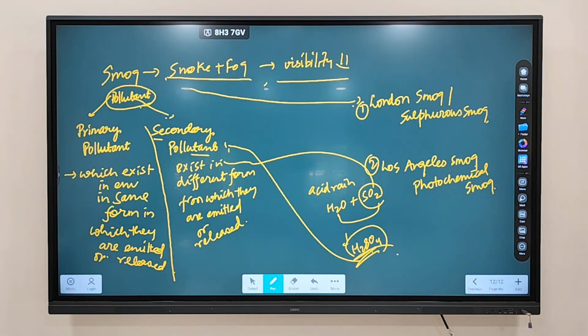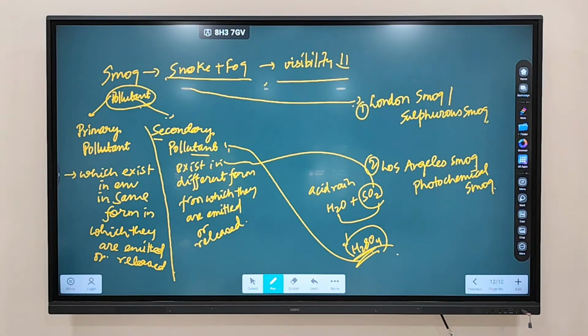Fine. Any doubt regarding this particular part? So what is London smog or sulfurous smog?